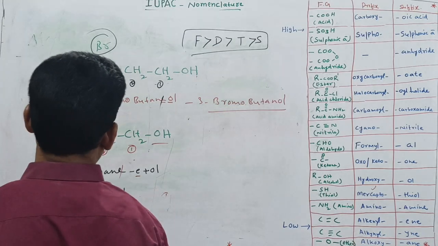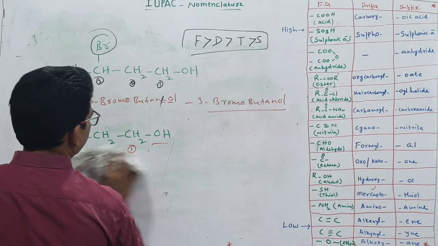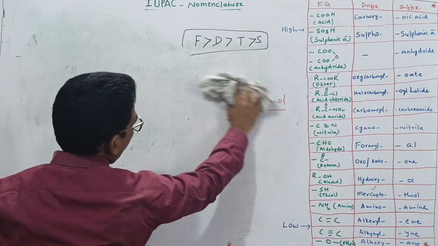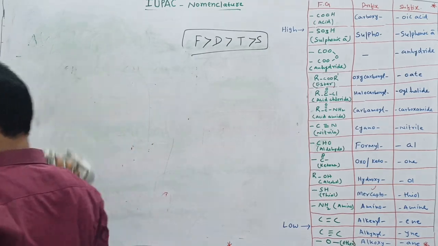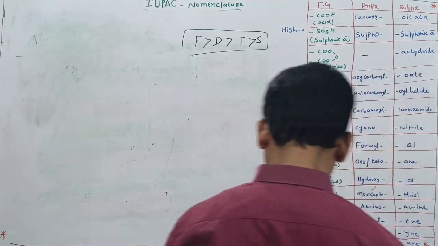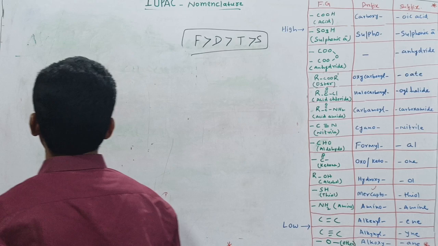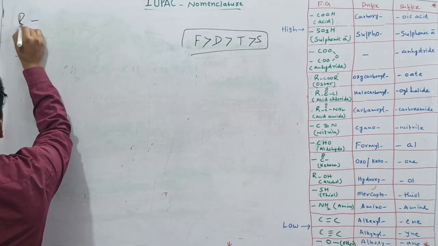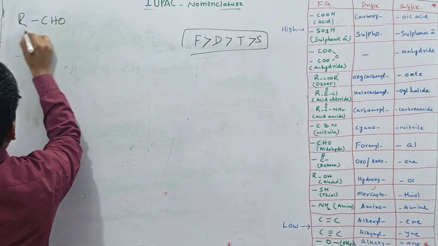If this is about the alcohols, then now we'll go for the aldehydes. The aldehyde functional group is RCHO.